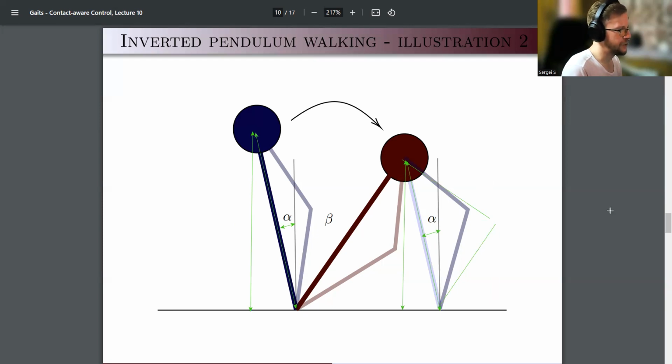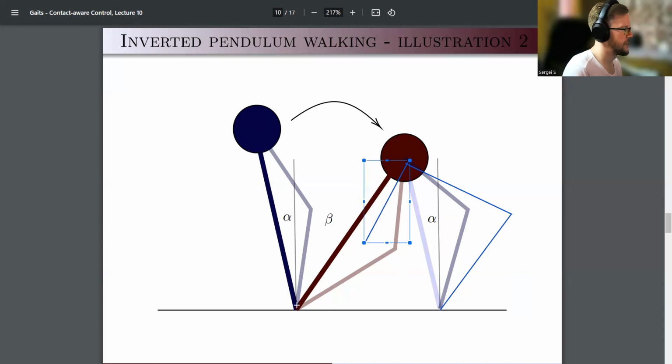In fact, if I drew it more carefully, let me increase the size like this and like this. If I draw it very carefully, maybe something like this here, right? This very bent foot, and maybe something like this here, a very straight foot, kind of like what we saw with the runner.